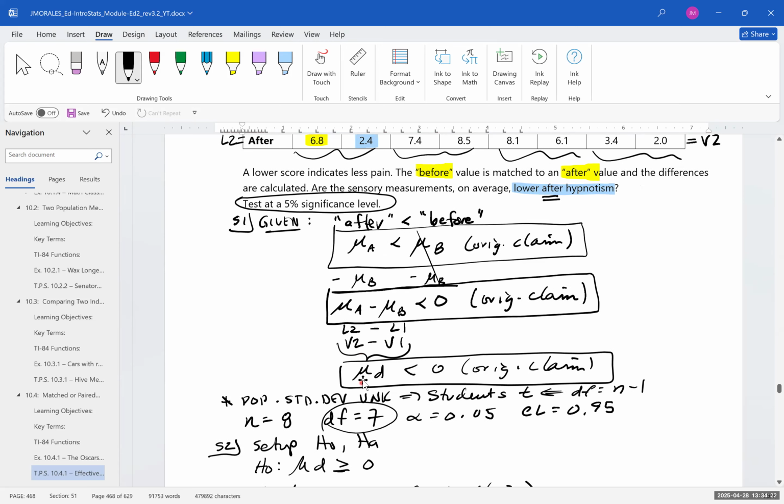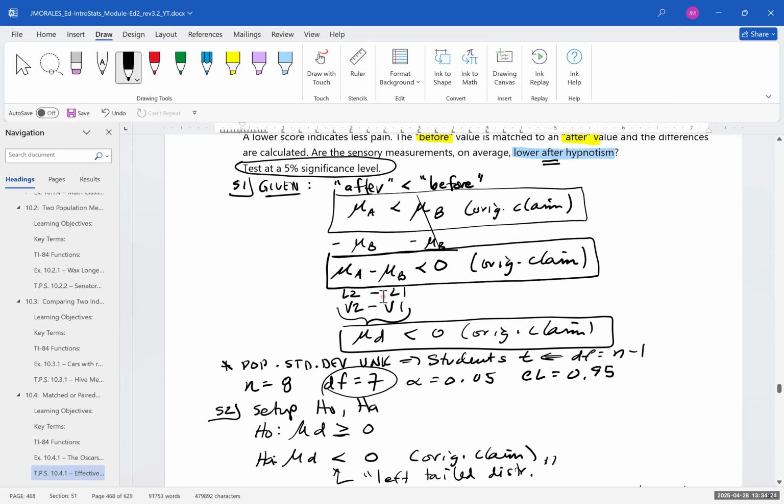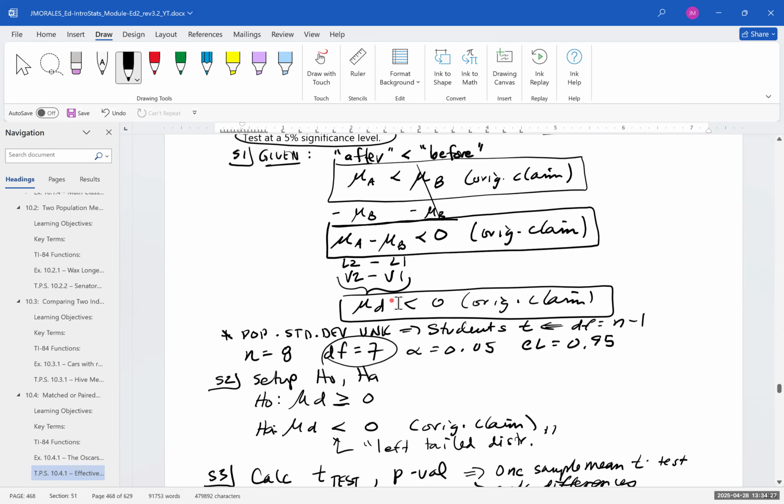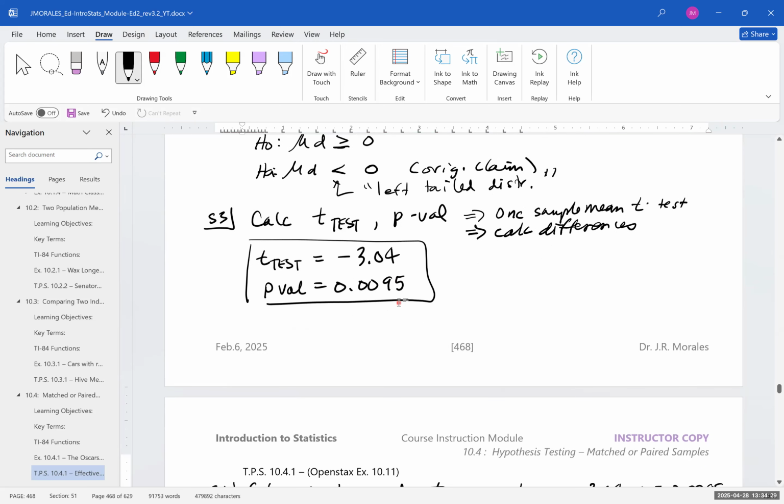So that has to be kept straight. It helps if you write this all down. But the rest of the process was the same.